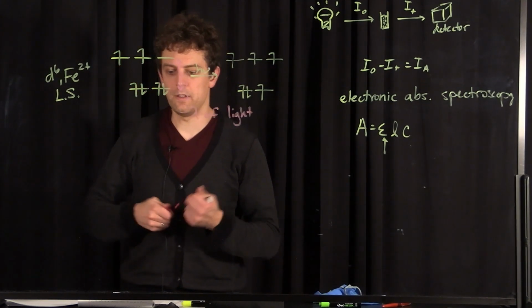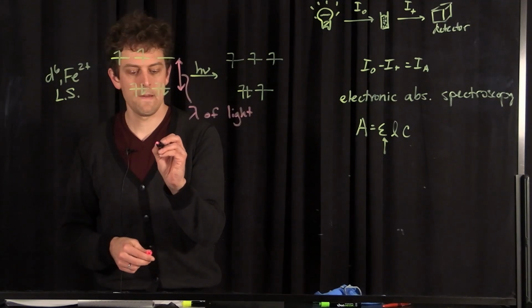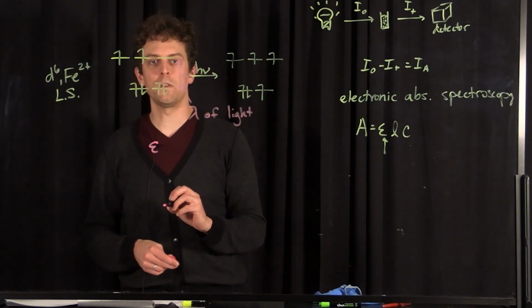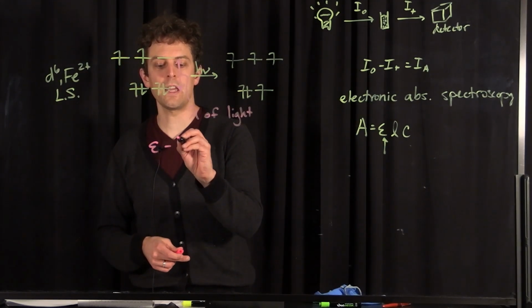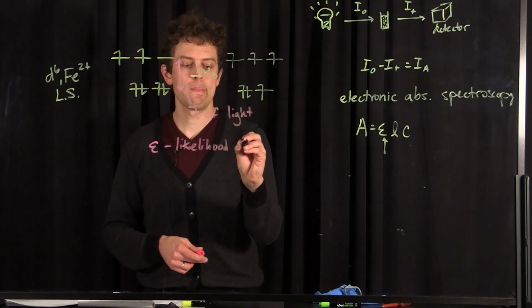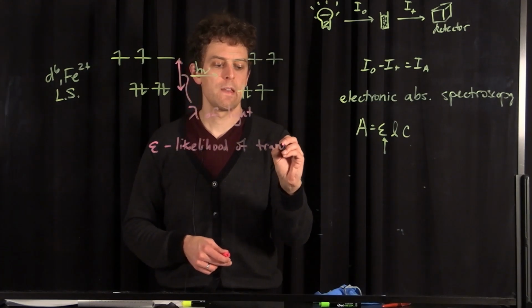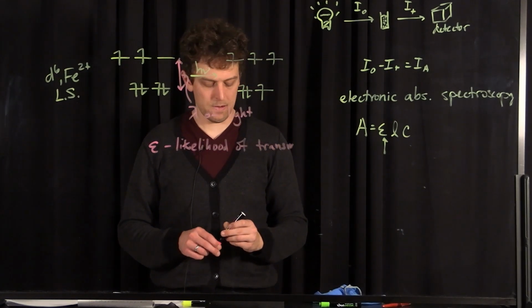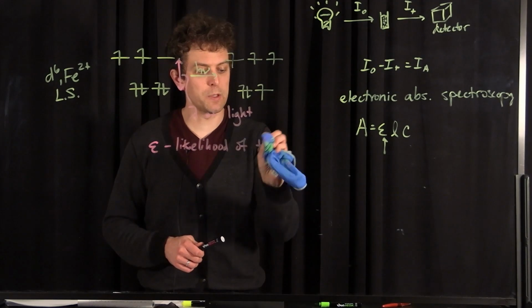The epsilon value of that peak is going to have to do with our selection rules. So this is the likelihood of absorption.